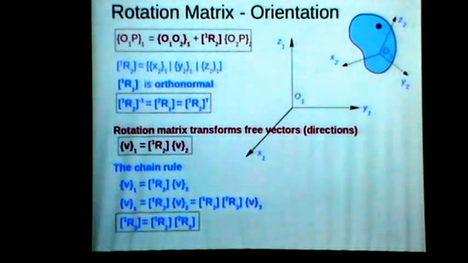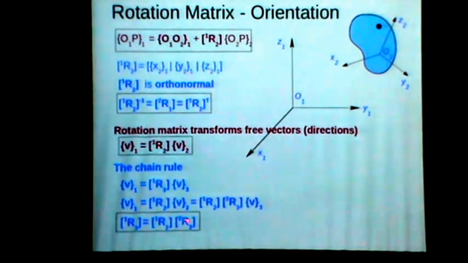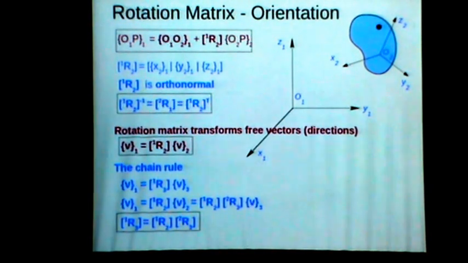That is, if you want to get the rotation matrix from 3 to 1, it can be done through another frame, the second frame. So the rotation matrix between 2 and 1 is multiplied by the rotation matrix between 3 and 2. So this also follows. And because of this, many of the calculations algebraically look very simple. Of course, if you get into the details, it could become complex.